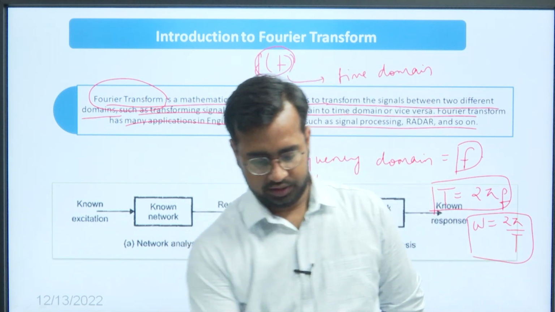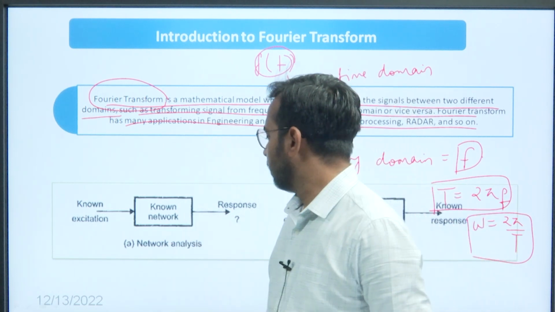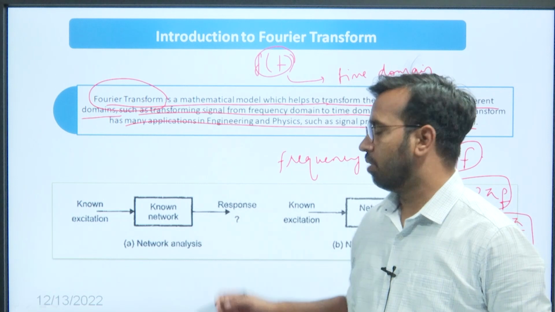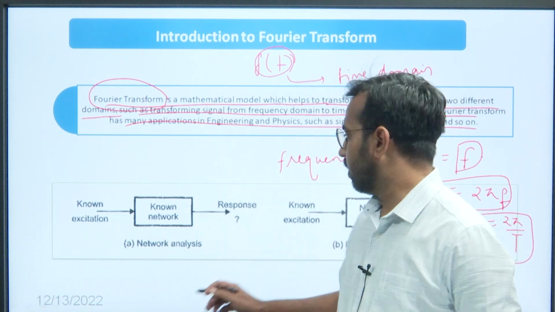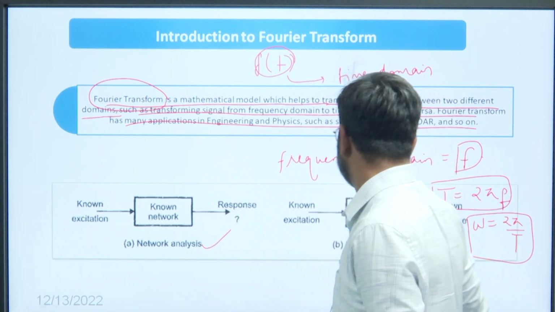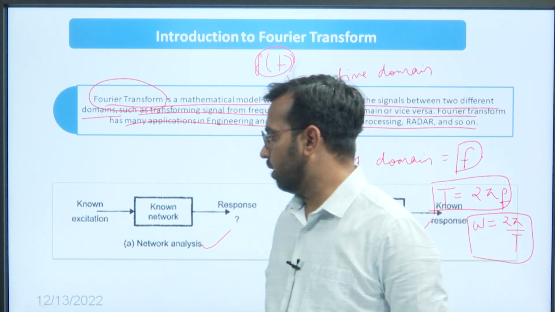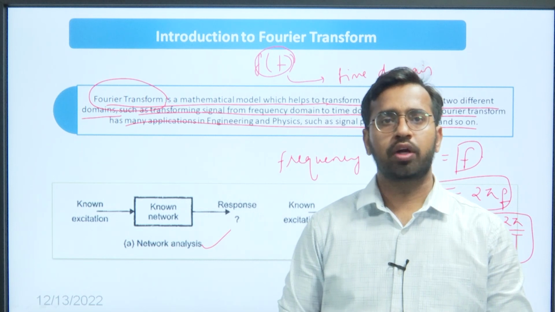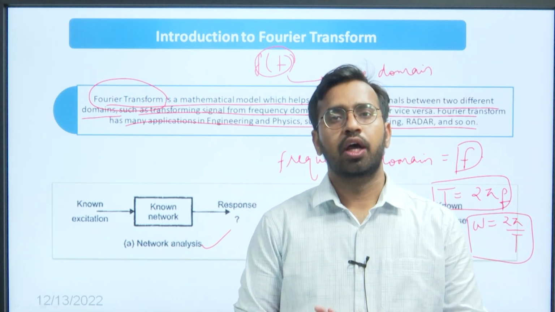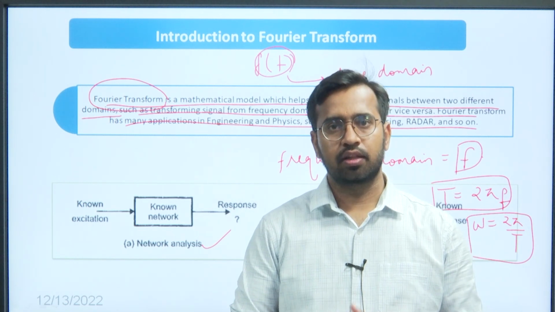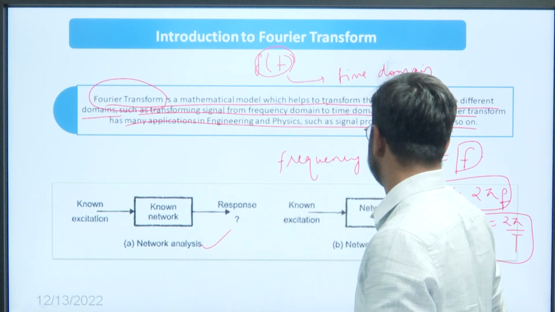Okay. Next, one more thing we should know while studying this, which will come in the further slides. What is the difference between network analysis and network synthesis? When we know the input and output, and we are required to determine the parameters of the system, then that is known as synthesis.